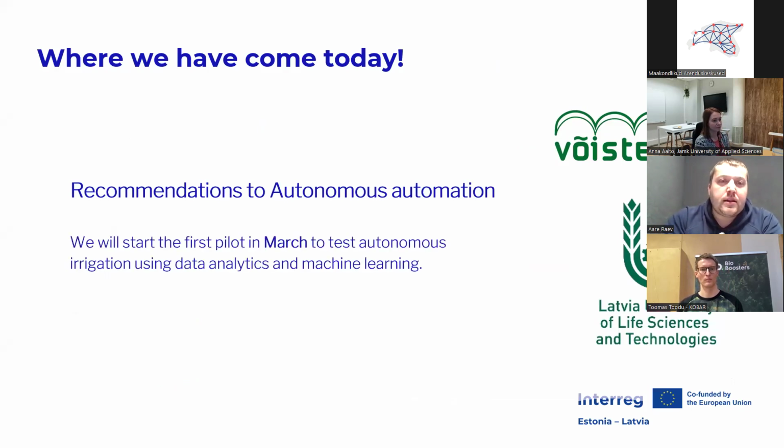This means that starting next month, we will start to test autonomous irrigation using only data and machine learning models. So basically, the agronomist just sets up the automatization and the sensors, and our system will make the everyday irrigation decisions.